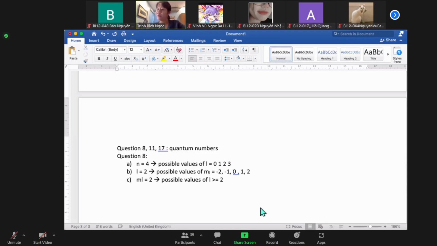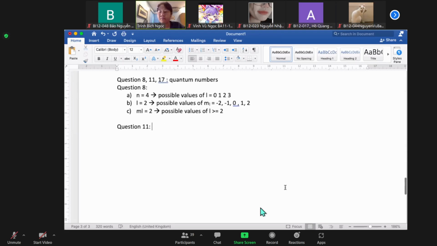We move to question 11. They give you the quantum numbers, and you need to write the corresponding orbital. So if it's not allowed, you put not allowed.